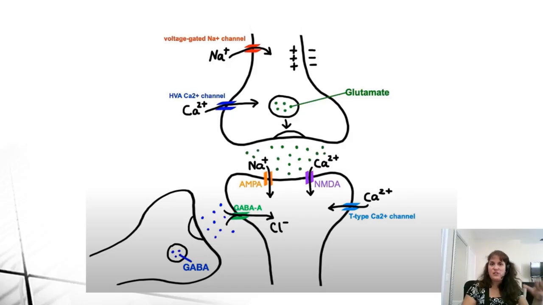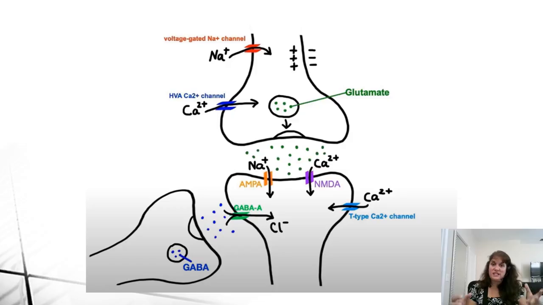So the action potential begins with the opening of these sodium channels, these voltage-gated sodium channels to be more specific. And with this, sodium moves into the cell. Okay, once sodium moves into the cell, again, and sodium is going to be an excitatory cation here, it's going to open the high voltage calcium channels, right, to allow calcium into the neuron as well.